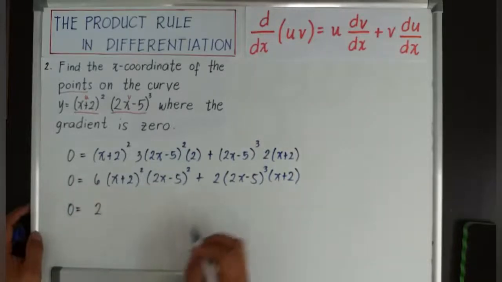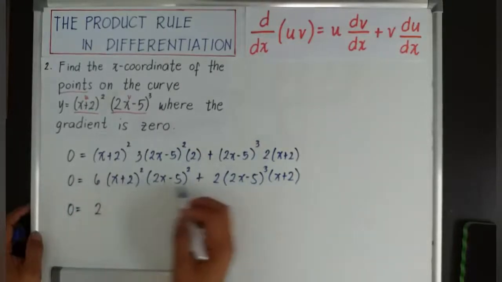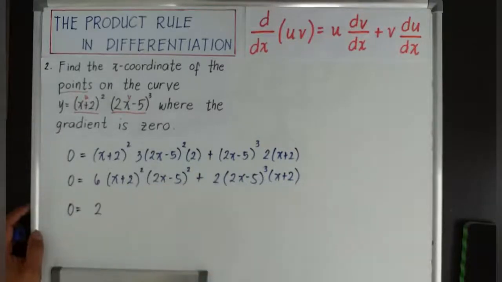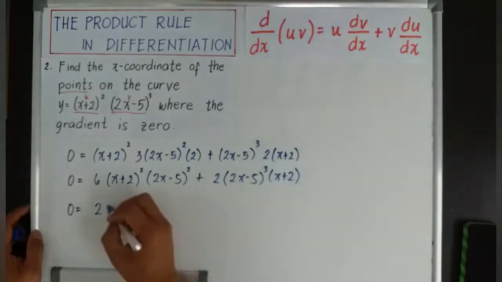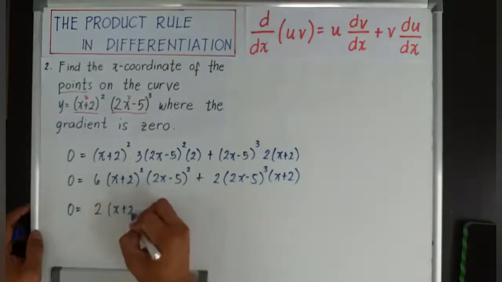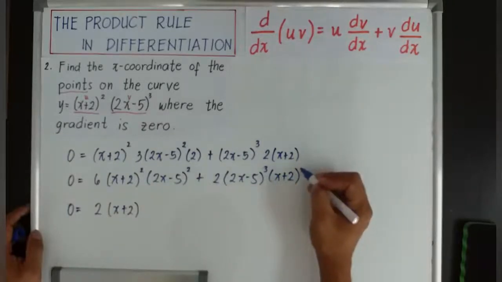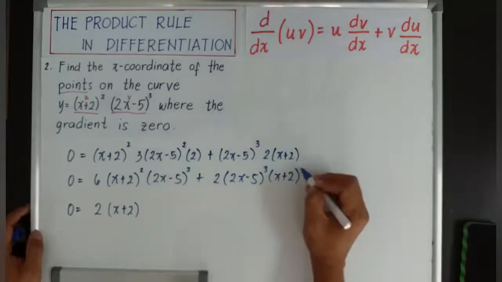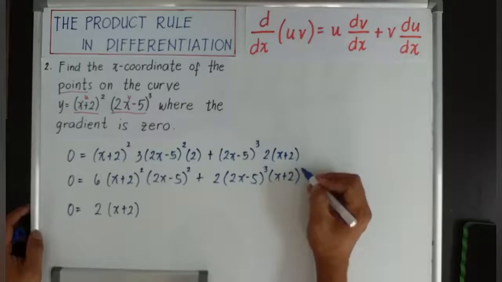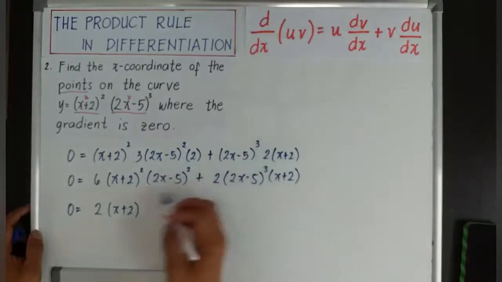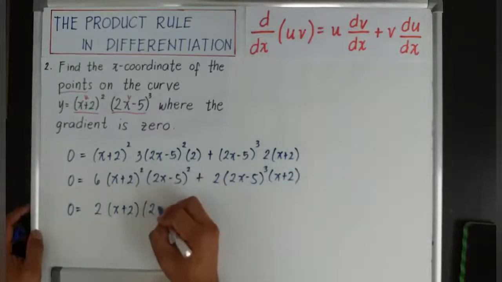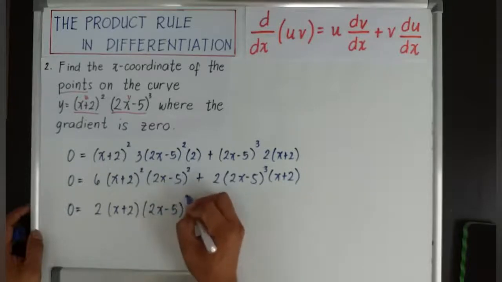Okay, so I can divide both these two terms with 2, and then I can divide both by x plus 2. Okay, this and this can be divided by x plus 2 because this is only 1. I cannot divide both by x plus 2 squared because there is only one index here. Next, I can divide the two terms with 2x minus 5 to the power of 2.